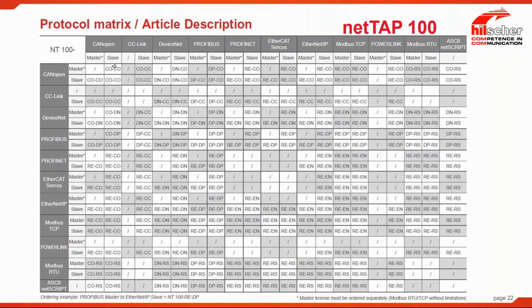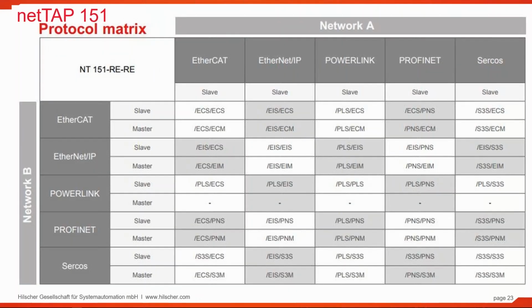And as you can see there, there's masters and slaves on all of that. In some cases, you see blanks. And in those cases, those are actually filled in by our netTAP 151, which is our real-time Ethernet to real-time Ethernet protocol. So these are the blank fillers on that other matrix.